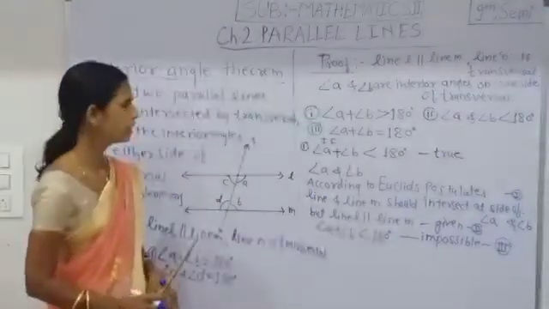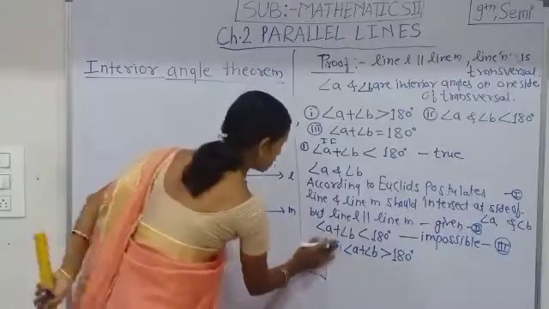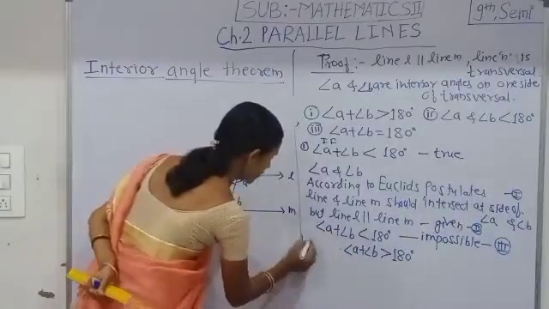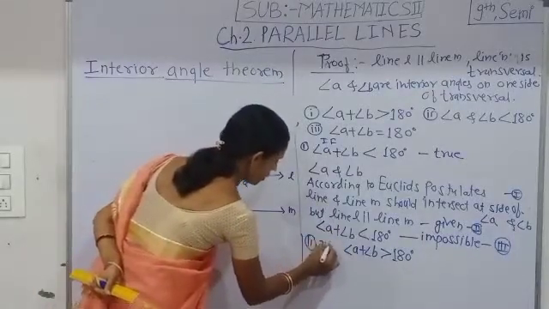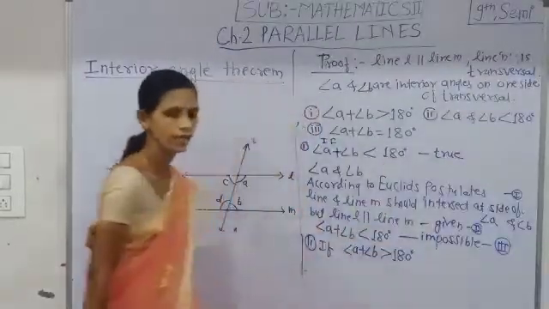Similarly, the second possibility is that angle A plus angle B is greater than 180 degrees.